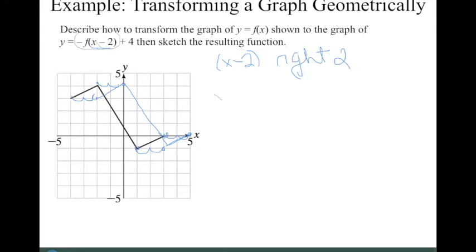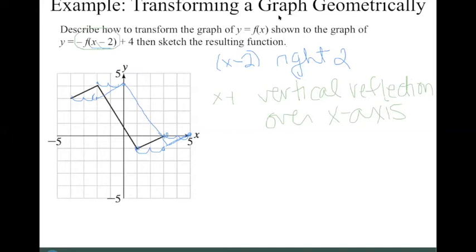So times -1 is going to be a vertical reflection. That means if I'm flipping it vertically, then it's reflecting over the x-axis.